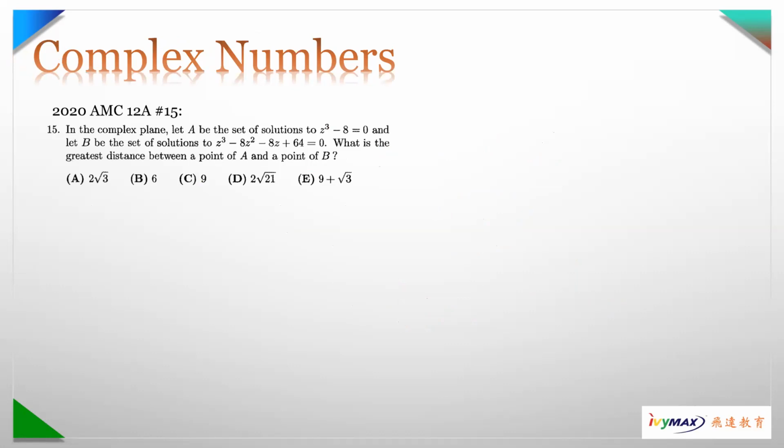So for the complex number like this, let me use a minute to discuss that. Starting from z cubed minus 8, we can list all the solutions on the complex number plane, right? That relates to a circle centered at the origin with a radius of 2.